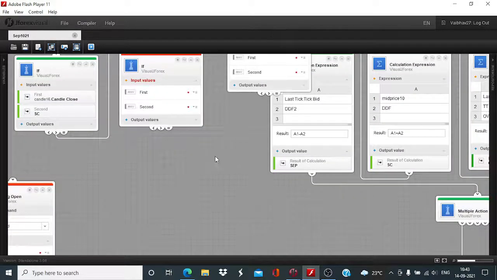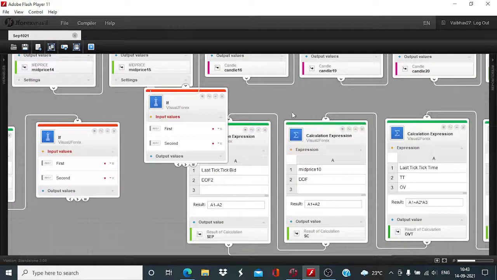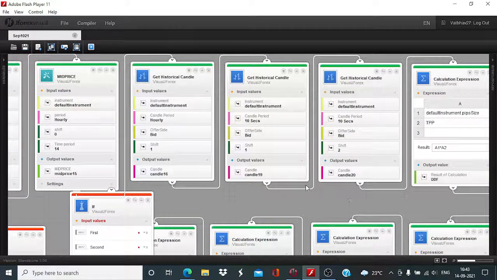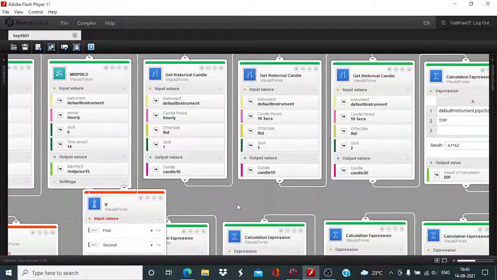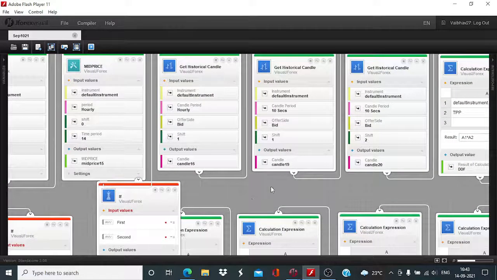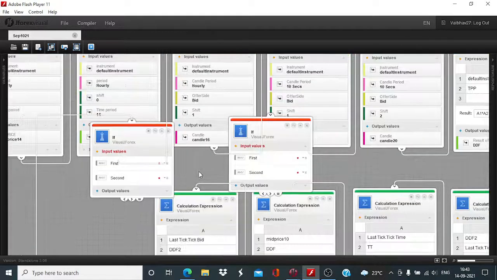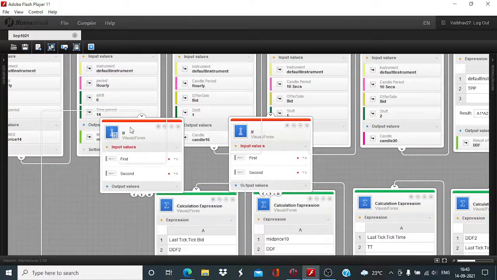So for that, we compare candle 16 candle close with the closing values of these two 10-second candles, candle 19 and candle 20 respectively, which have this look back period of 1 and 2. So again, I have to take closing value of the candle 16.